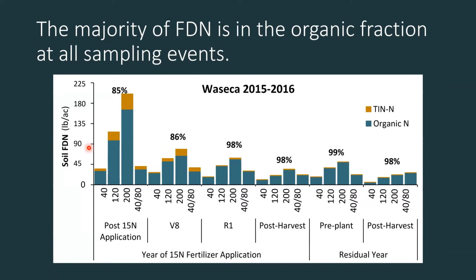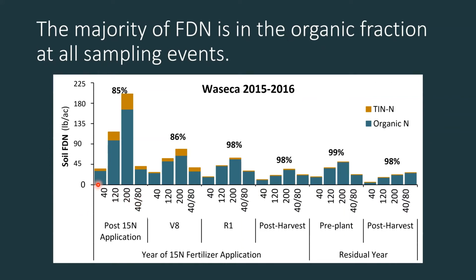So what you're seeing here is the amount of fertilizer-derived nitrogen in the soil on the y-axis, and then the different sampling times over 2 growing seasons. So within 8 days of fertilizer application, at the 8 corn leaf development stage, tasseling, and post-harvest, and then the second year, where we came back to the exact same plots at pre-plant and then post-harvest, and then each of the 4 fertilizer treatments.